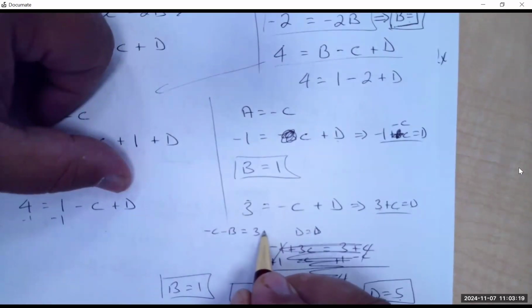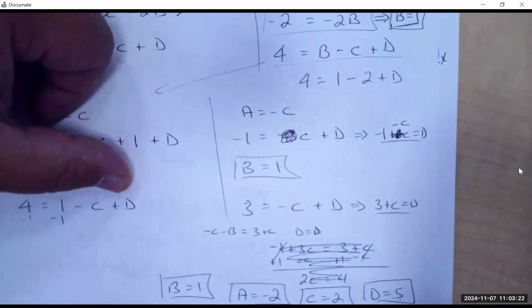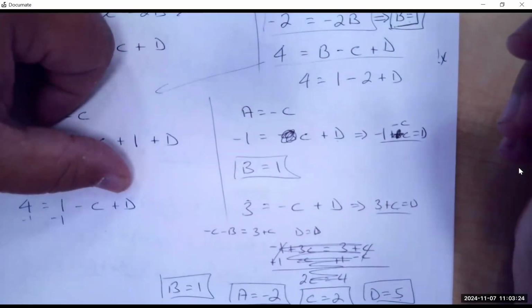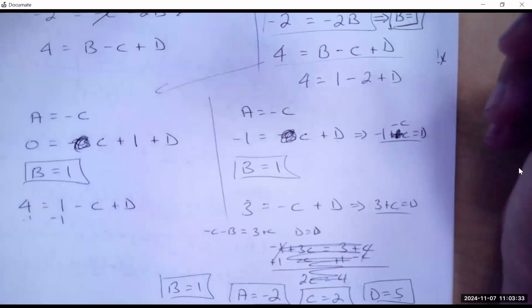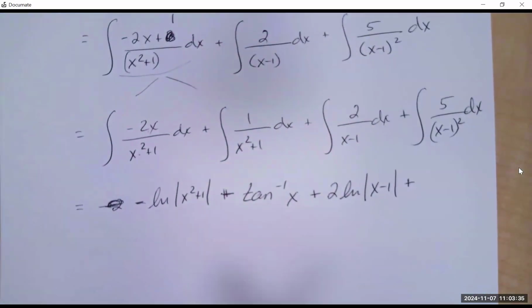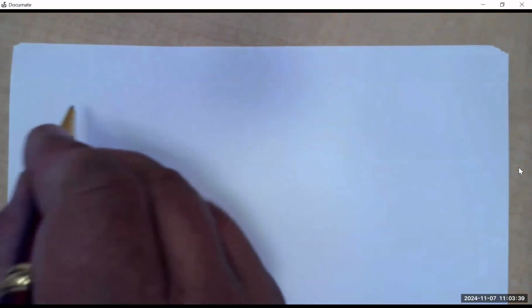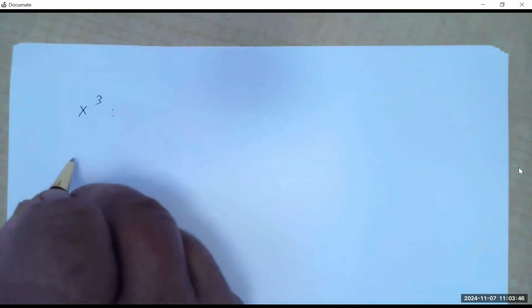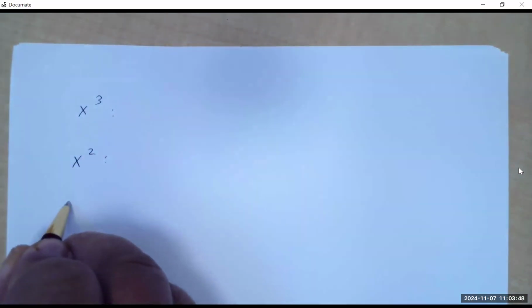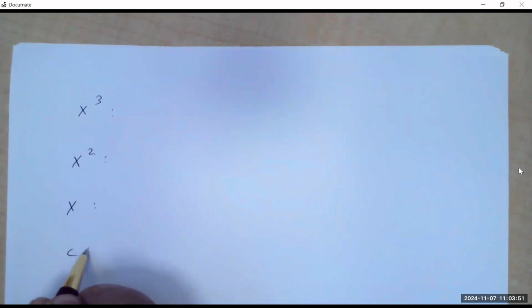3 plus C. So we're back over here. We have x cubed, x squared, x, and a constant.